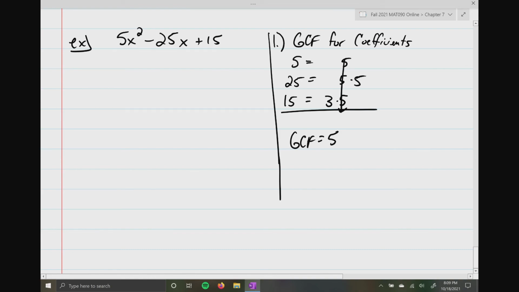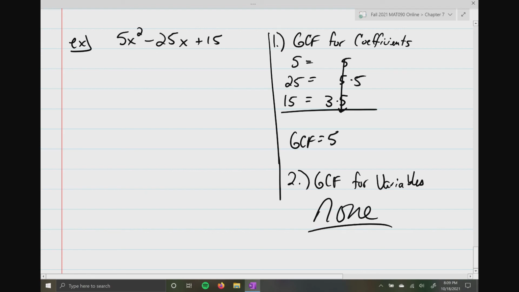But notice number 2, which is the GCF for the variables. Now, in this case, there isn't one. Let me show you why. The first term has x's. That's a smiley face. The second term has x's. That's a smiley face. But this third term does not have any x's. And there's a frowny face.